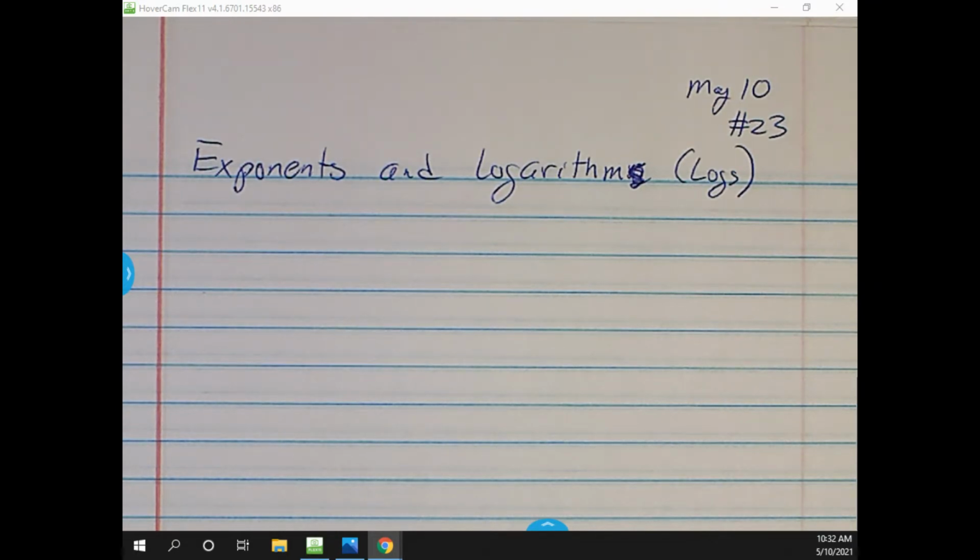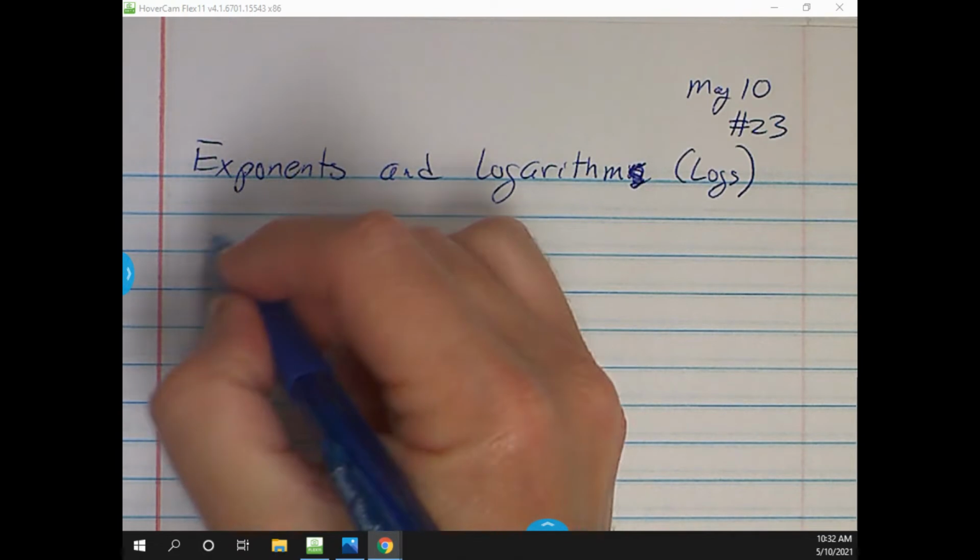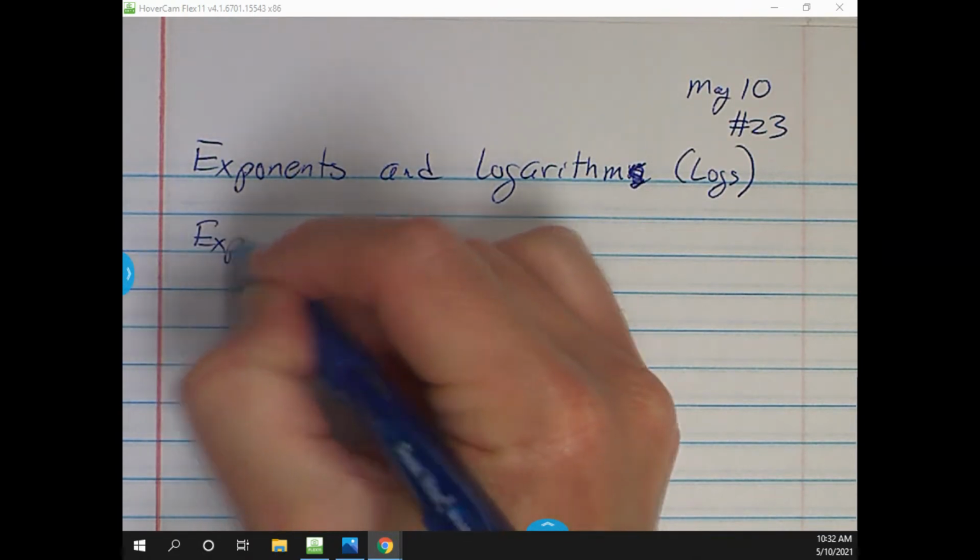Okay, so first thing we're going to do is look at some exponents. Now with exponents, we're changing gears just a little bit because we're looking at exponential functions or exponential equations.